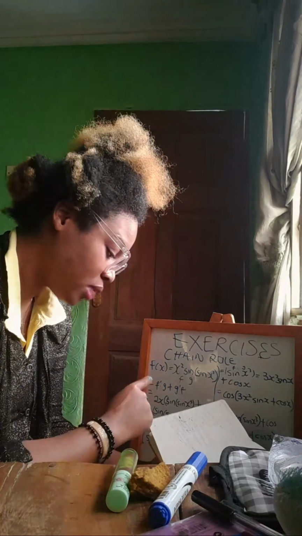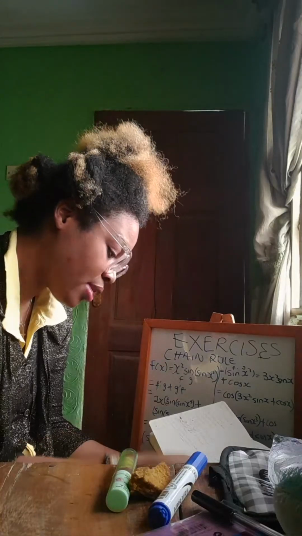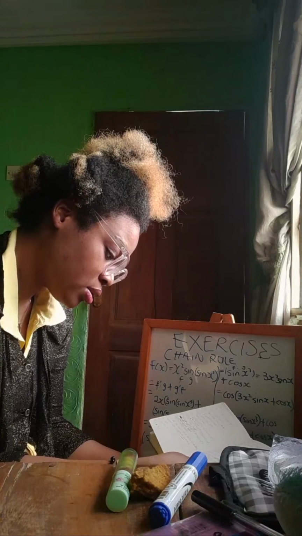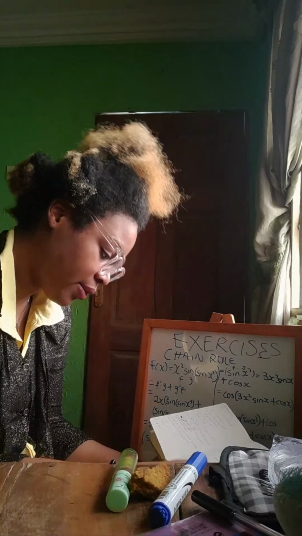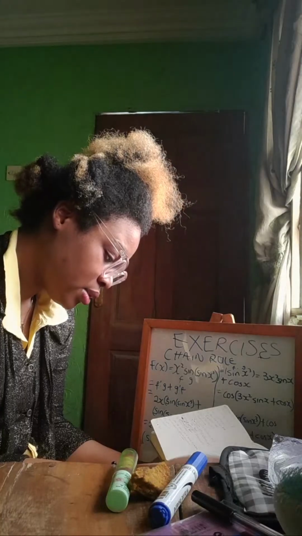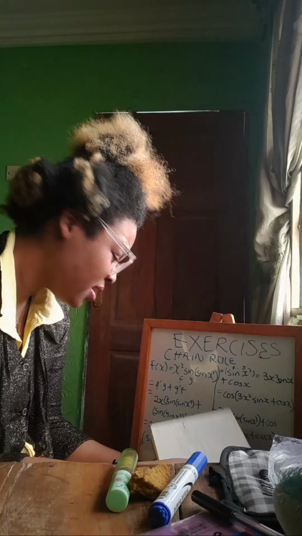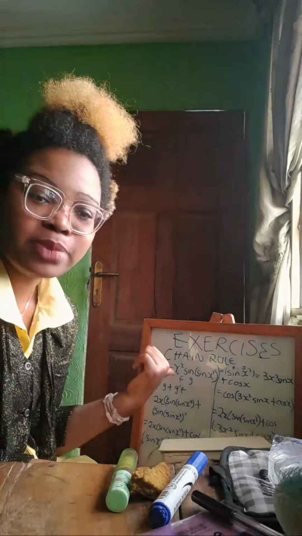Okay, this is 2x, x raised to power 5, cos sine x squared into cos sine x 5. All right, I forgot the x square aspect of it.